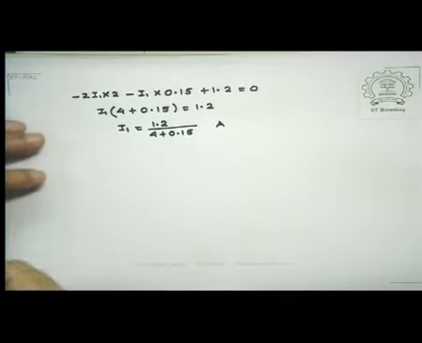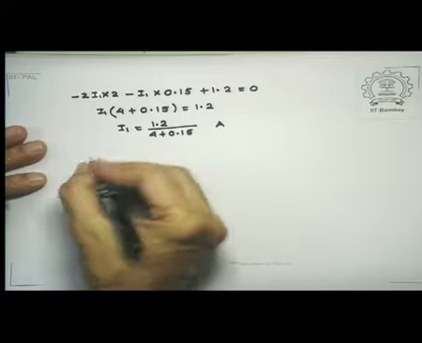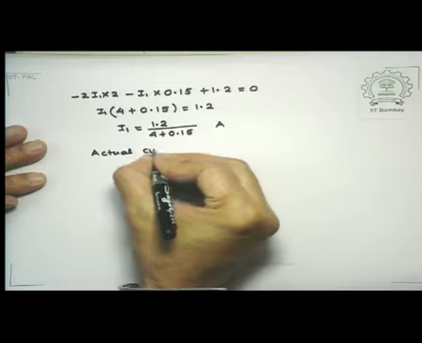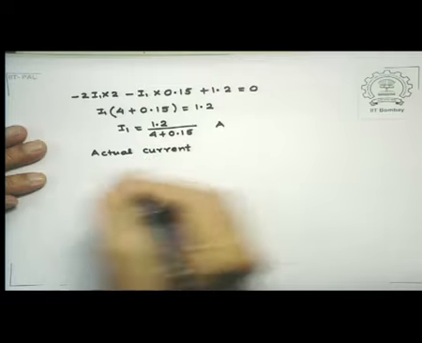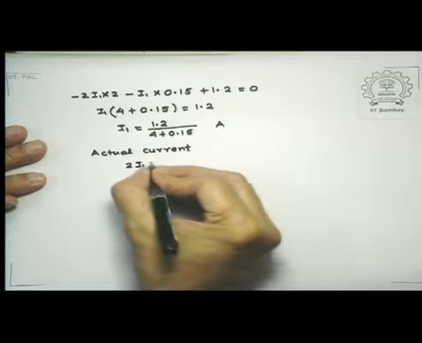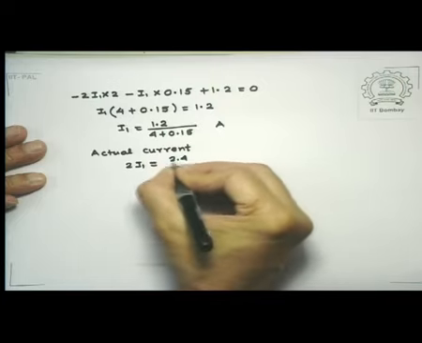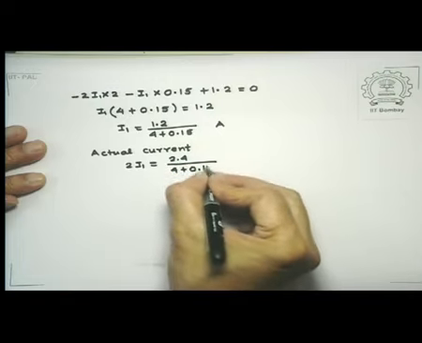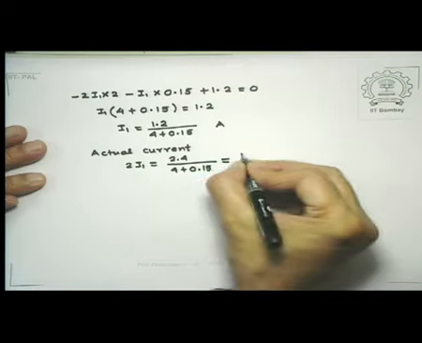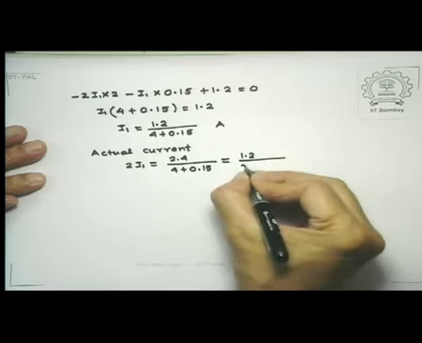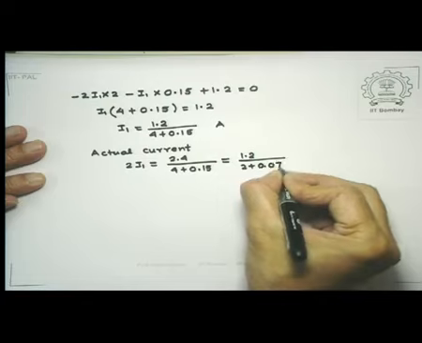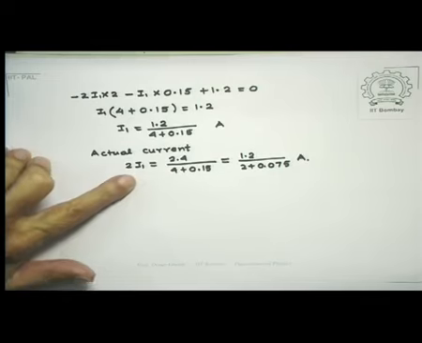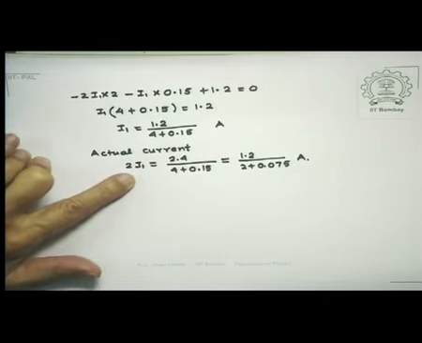Now, the actual current in the circuit, 2I1, is equal to 2.4 divided by 4 plus 0.15, which you can rewrite as 1.2 divided by 2 plus 0.075 amperes. This 2I1 is the current that is passing through the 2 ohm resistance.